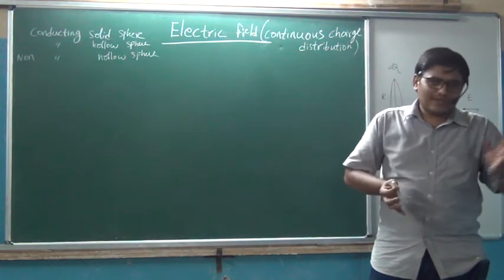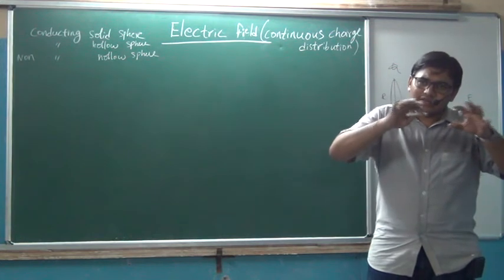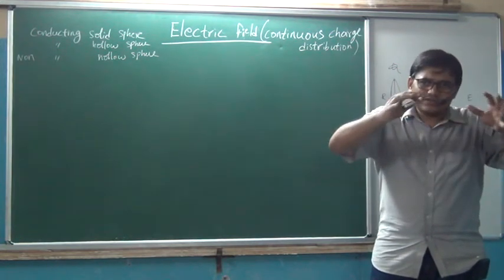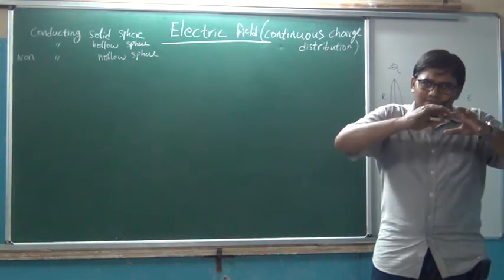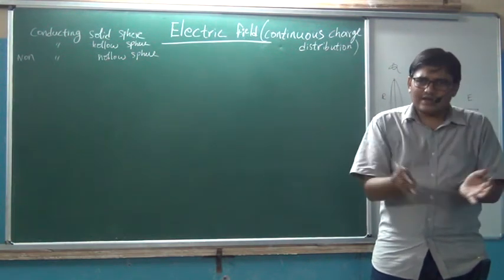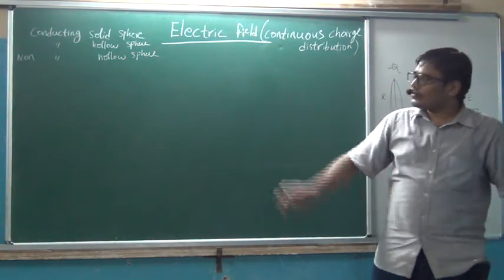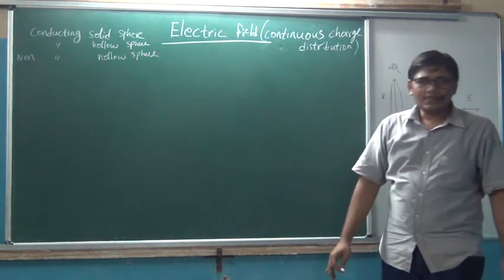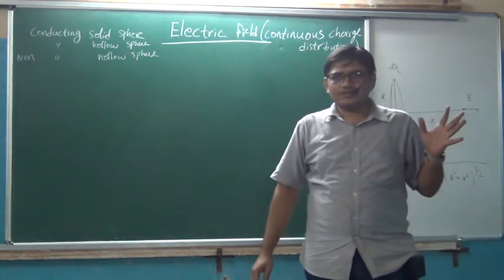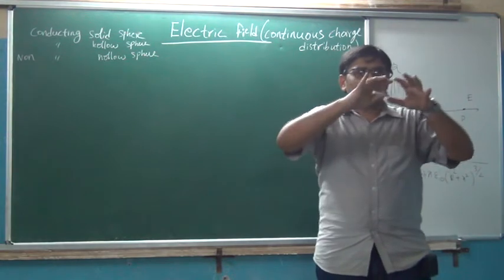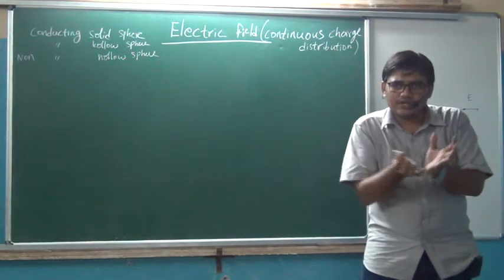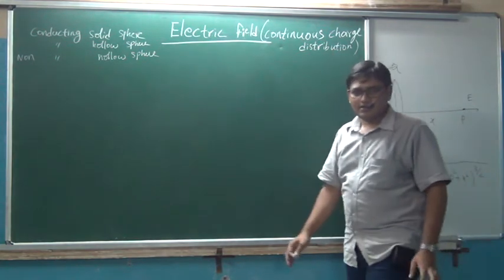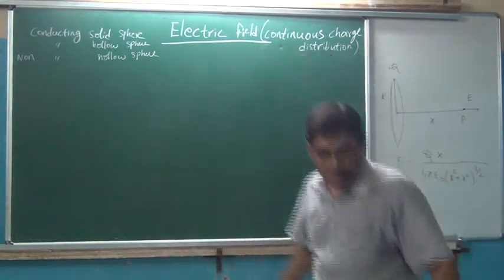In all these cases the charge resides as a thin spherical layer. So what I want to conclude is these three come under the same charge configuration, a thin layer of charge distributed in the form of a sphere. This you should keep in your mind.